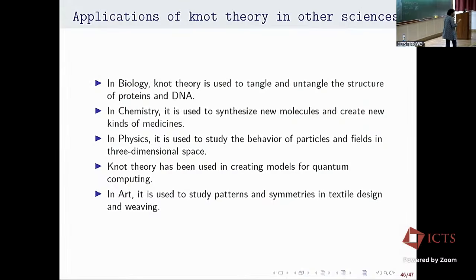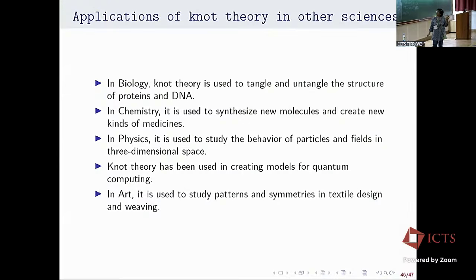So if one could produce a medication, some drug which stimulates that enzyme, then if there is a knot formed, that knot can get unknotted. So this has been used, and knot theory has been used in protein folding, understanding protein structure.